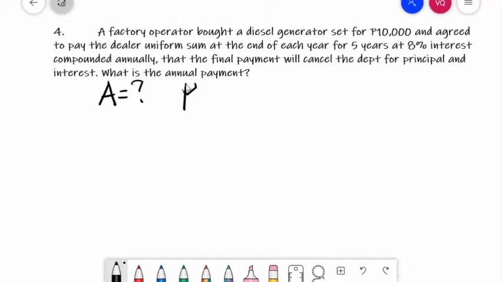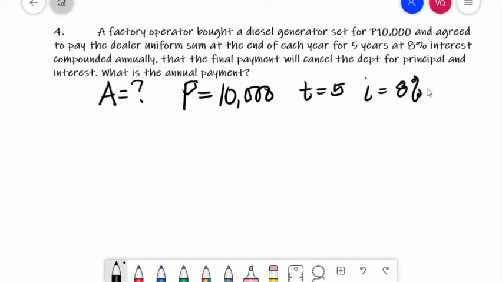P, the present price for generator set is 10,000 pesos. And it has a number of years. T is equal to 5. 8% annually. So, T or N is equal to 5. Kasi 1 naman yung M natin.